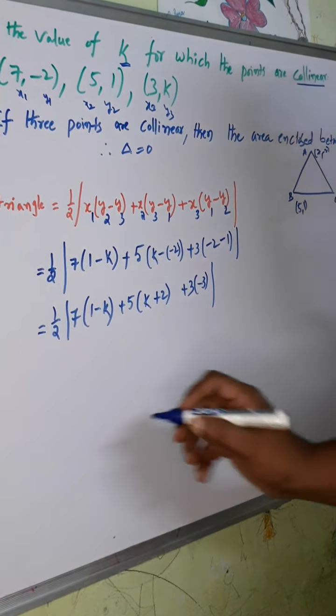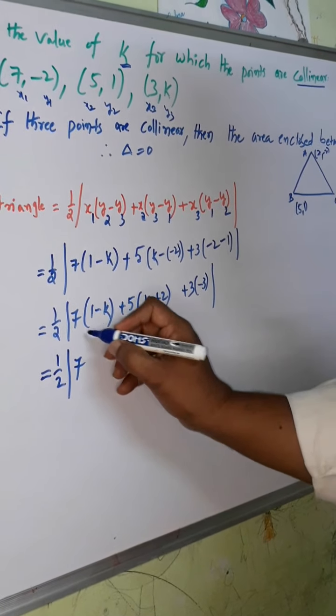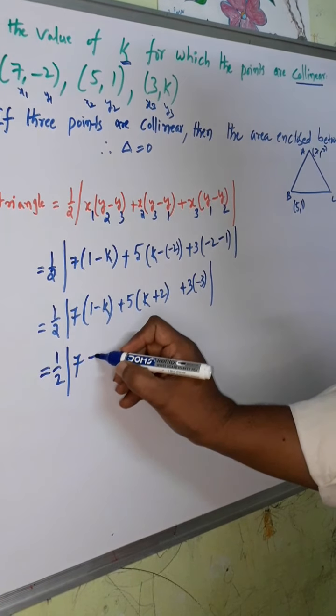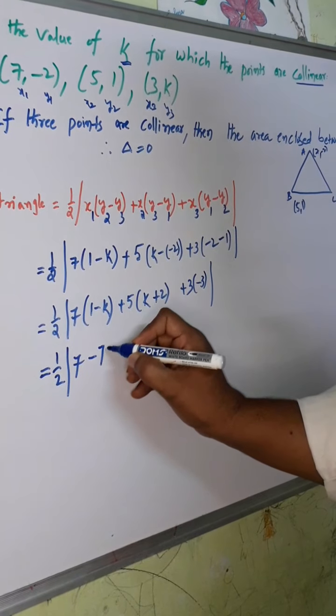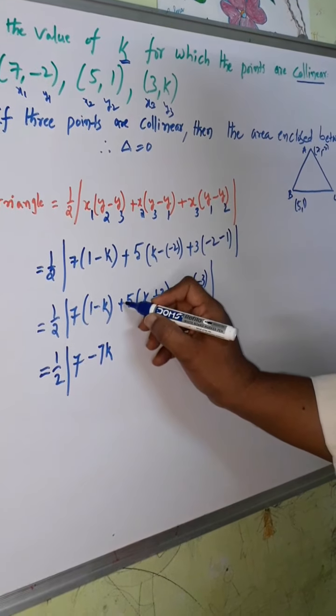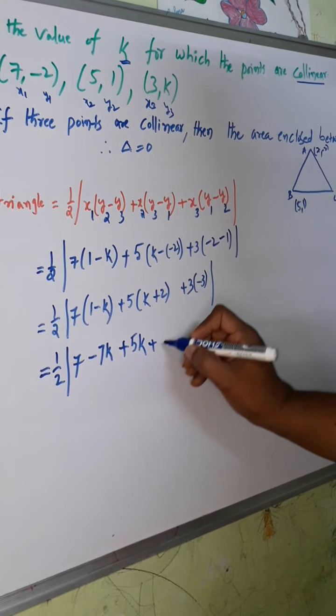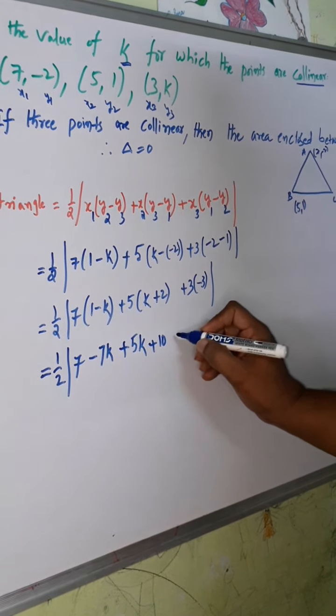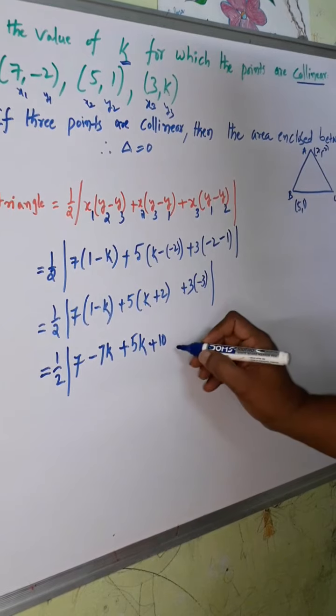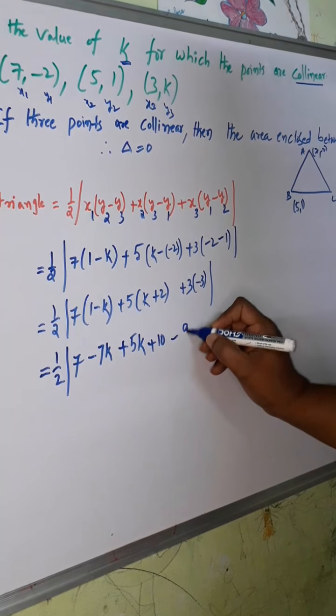Now multiply. 1 into 7, 7; plus into minus, minus 7 into k, 7k; plus into plus, plus 5 into k, 5k; plus 5 2s are 10; plus into minus, minus 3 3s are 9.